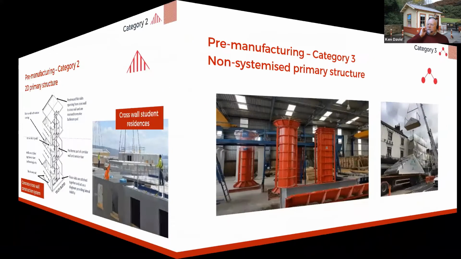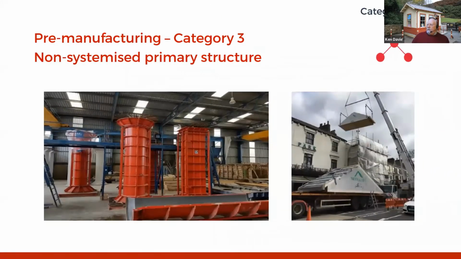The next category is actually non-systemized primary structure. Now, the difference between systemized and non-systemized is that the non-systemized tends to be individual elements. I could actually envisage the elements in the bottom left here being used on a highways project.